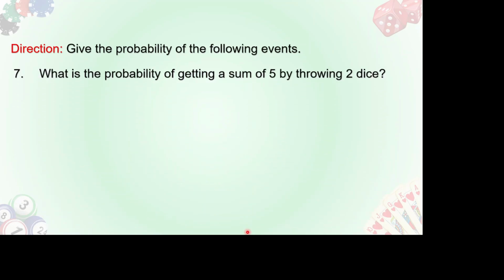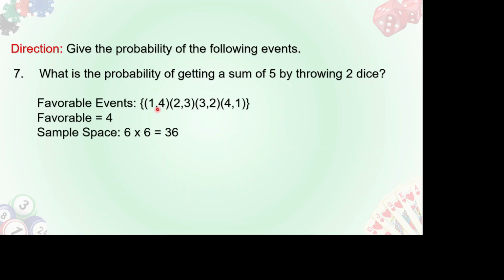Now let's have a more complicated one because it will use the fundamental counting principle. What is the probability of getting a sum of 5 by throwing 2 dice? Okay, we have the favorable events including 1 and 4, 2 and 3, 3 and 2, and 4 and 1. So there are 4 in total.